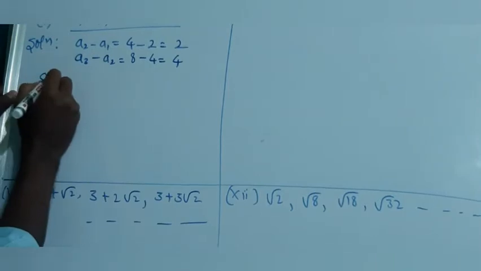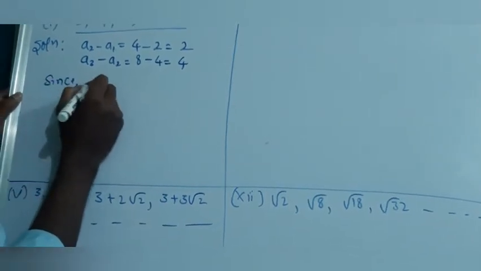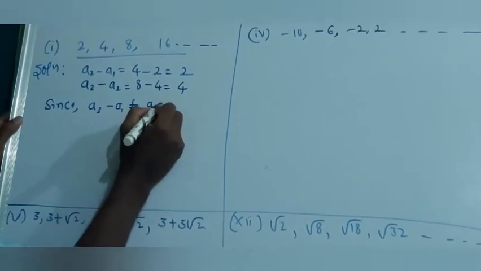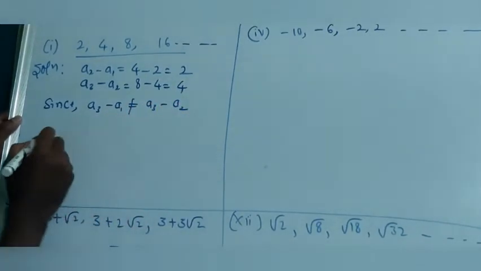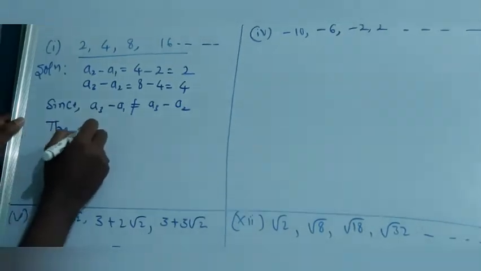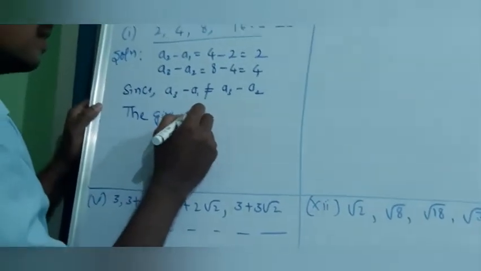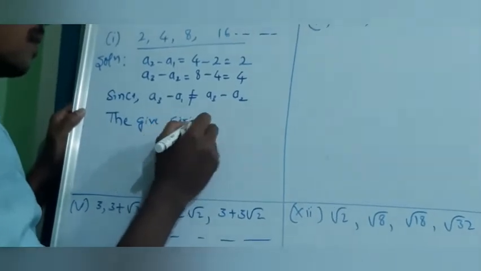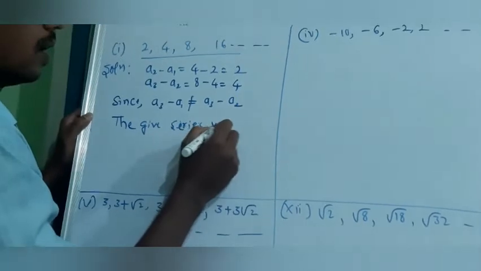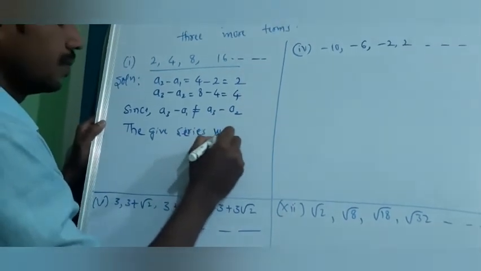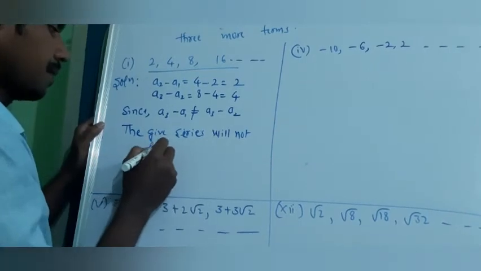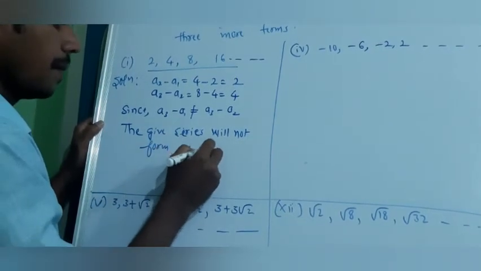Since A2 minus A1 is not equal to A3 minus A2, the given series will not form an AP.